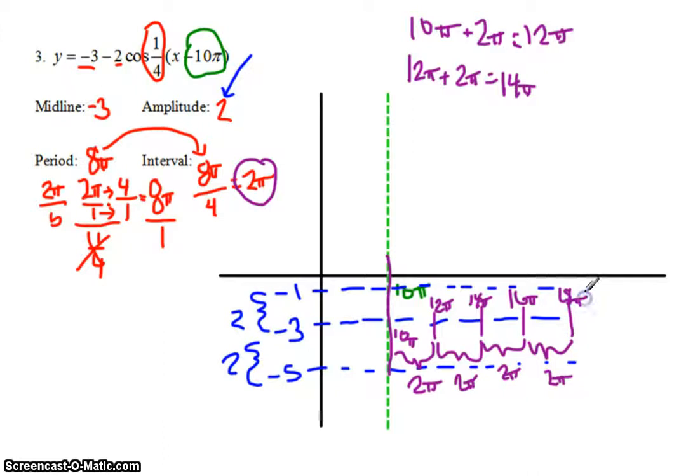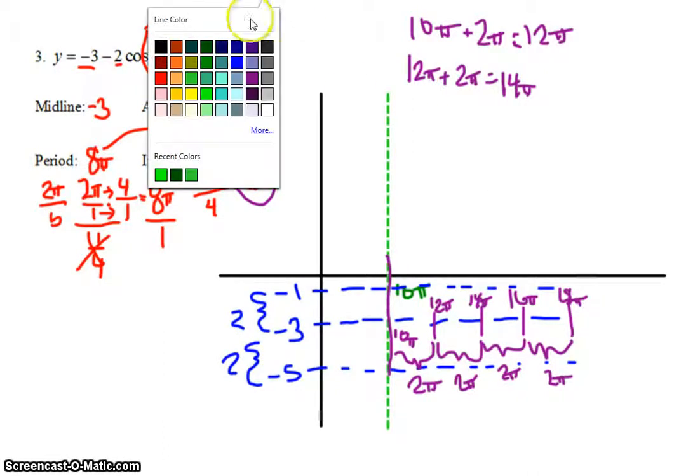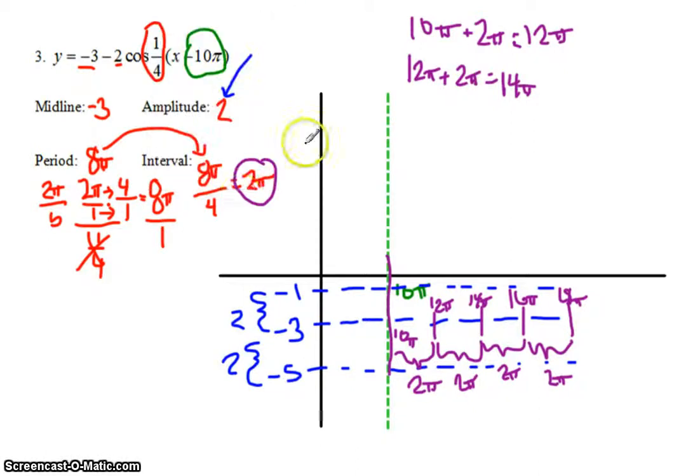Now, with the period, some of you guys are getting confused. You assume, let me change this color up a little bit, you assume that since the period says 8 pi, that my last bar needs to be 8 pi. That is not true. Because the period is 8 pi, that means my entire thing needs to be a distance of 8 pi.